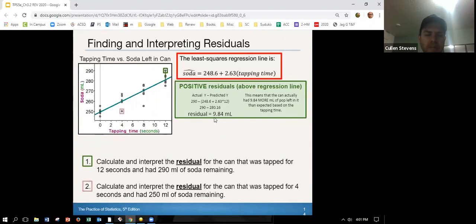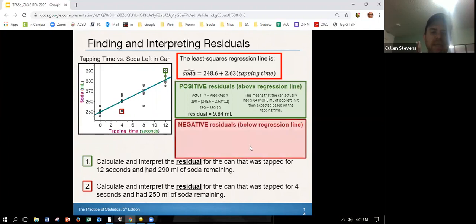Now, what about number 2? It said that it was tapped for 4 seconds and it was 250, that's down here. That's less than what was predicted. So it's going to be below the regression line, and it's going to have a negative residual. We take our predicted, again here's our least squares regression line, and we put in 4 for 4 seconds, and our predicted was 259.12.